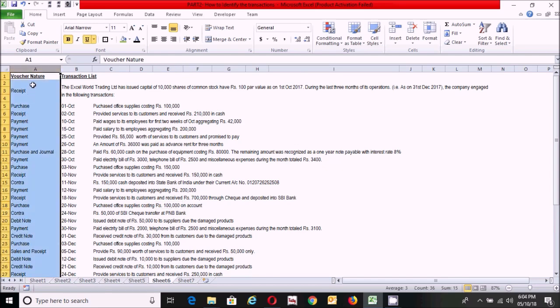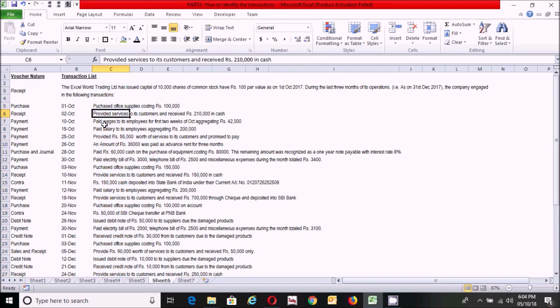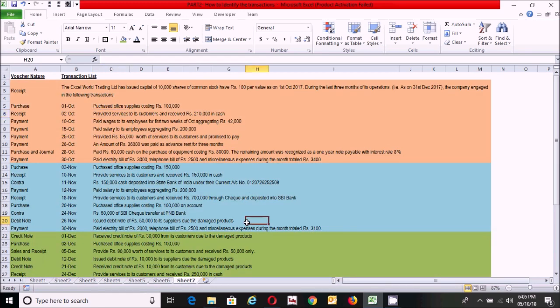This column represents the voucher nature, this column represents the date of the transaction, and this column represents the transactions. You can see in this transaction list the last 3 months of the year 2017 are involved: October, November and December. The sections are divided by different colors.